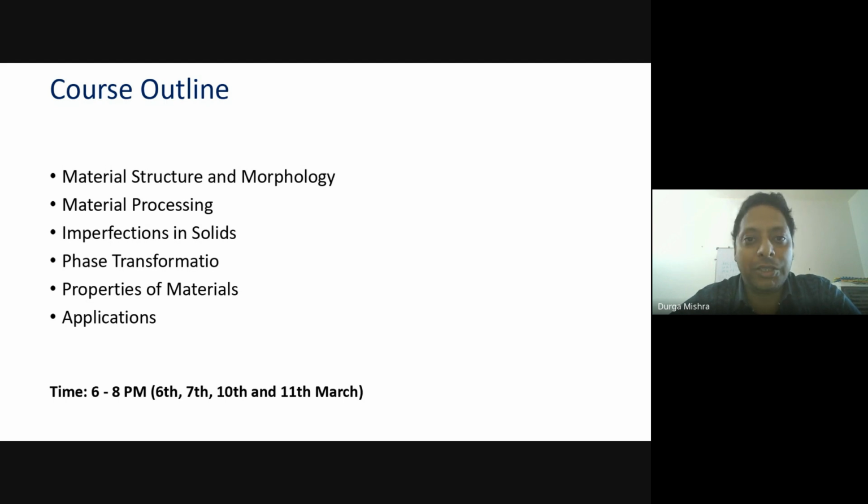Phase, as you know, is like going from a gaseous phase to a liquid phase to a solid phase, and in fact there is also the possibility of going from one solid phase to another solid phase as well. We'll look at what that means. Then, of course, the properties of the material. That is why we are interested in materials first of all, because they have very interesting properties. And finally, their applications.